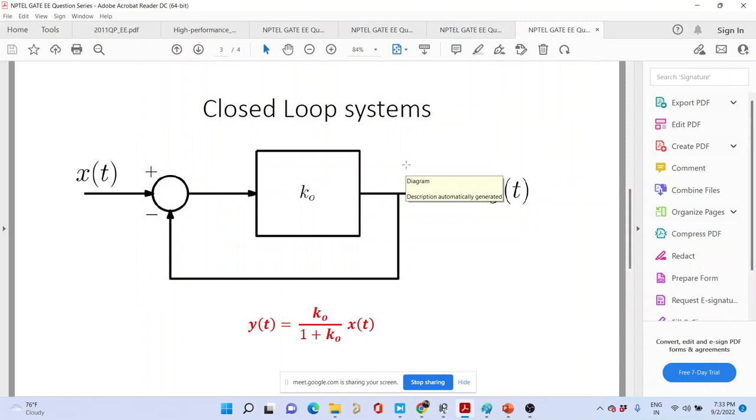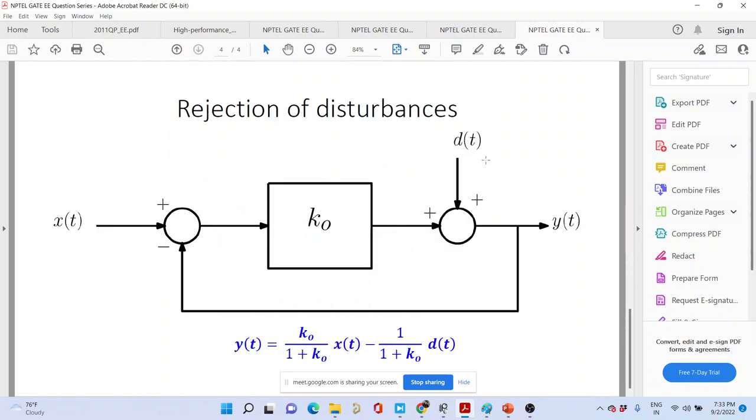If you want to reject some disturbance, say you have a disturbance at this point, what you do is you keep this k0 very high. If there's a disturbance at this point, then output yt is related to the disturbance by this factor, that is 1 divided by 1 plus k0.